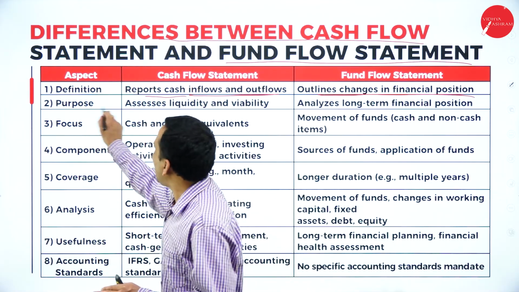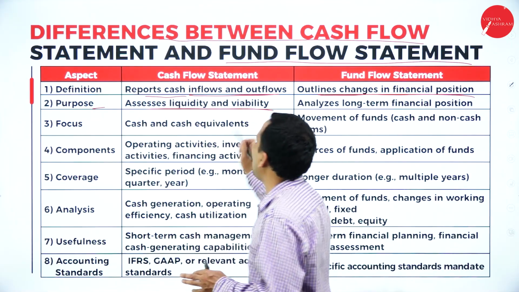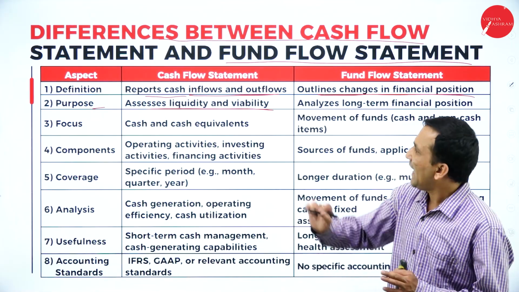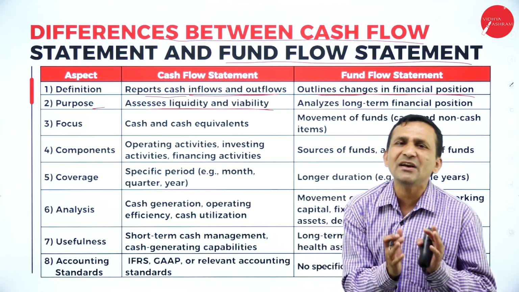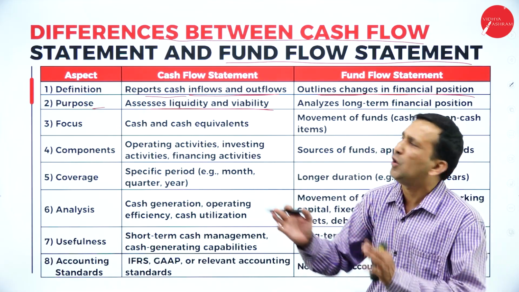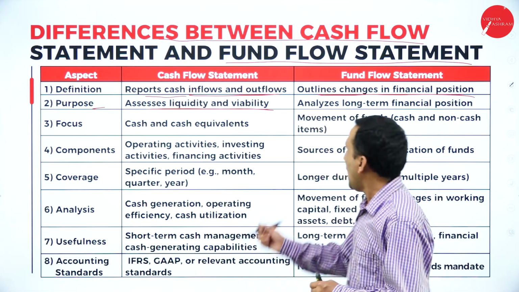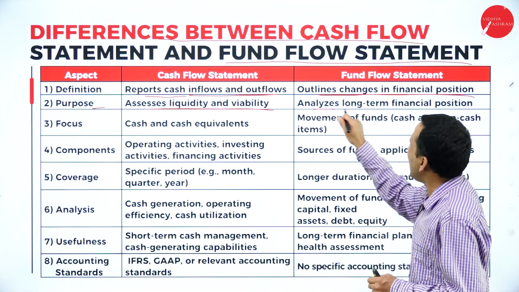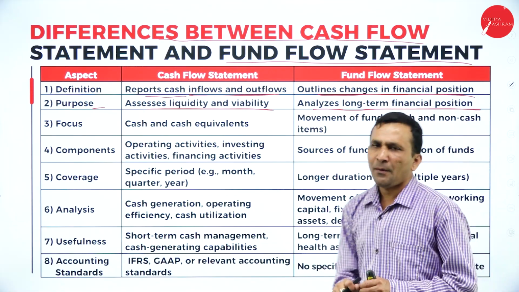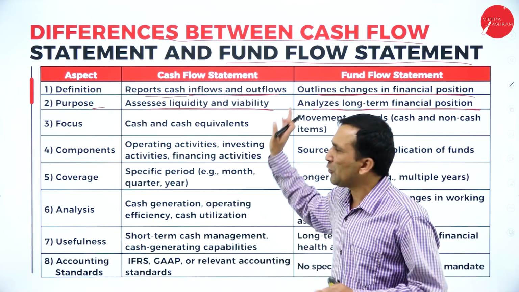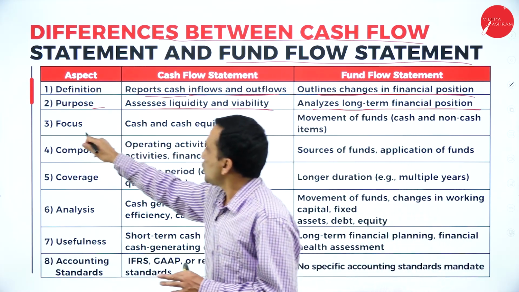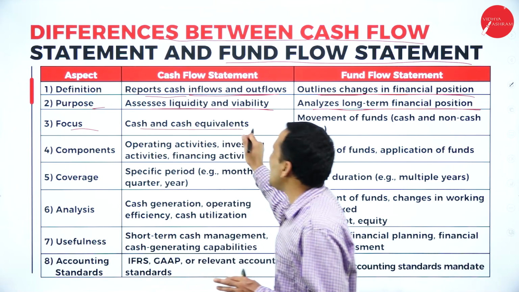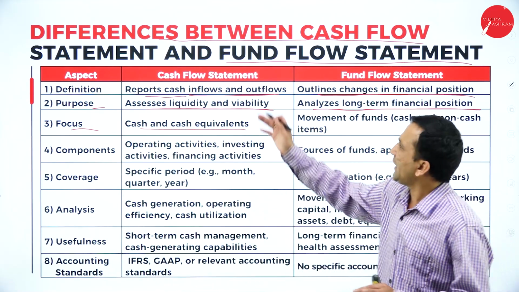Okay, so the purpose: assessing liquidity and viability, to check what the liquidity position is, you will get to know using a cash flow statement. Under fund flow, analyzing the long-term financial position, you will get to know. So the focus: cash and cash equivalents only, under the cash flow statement.